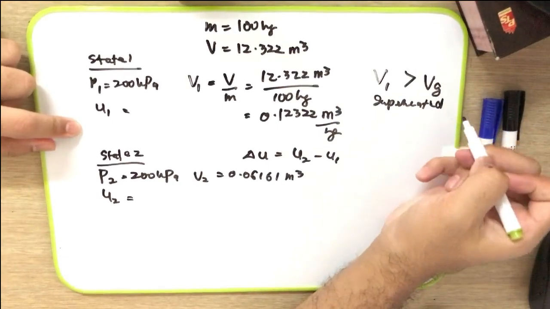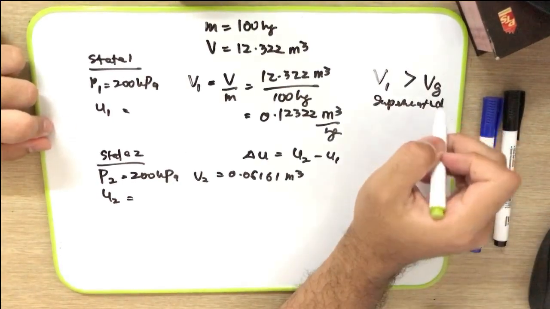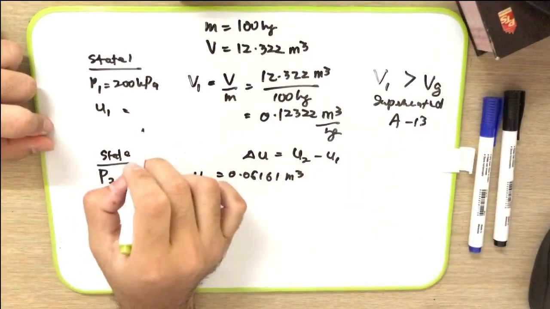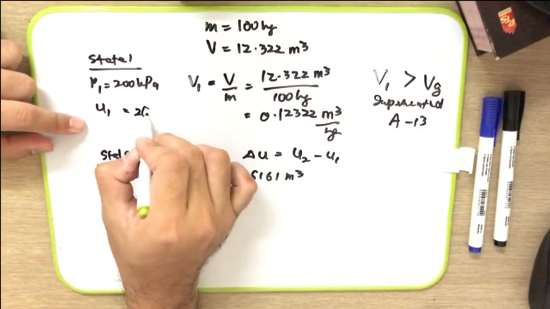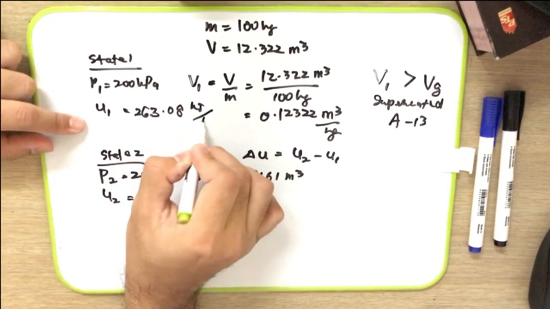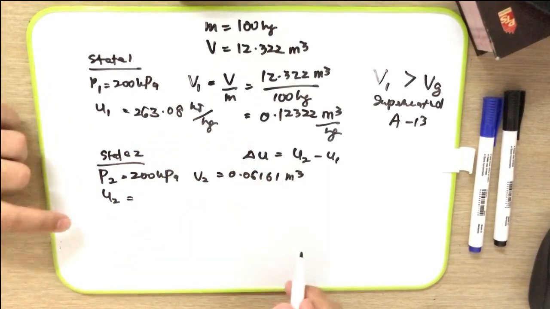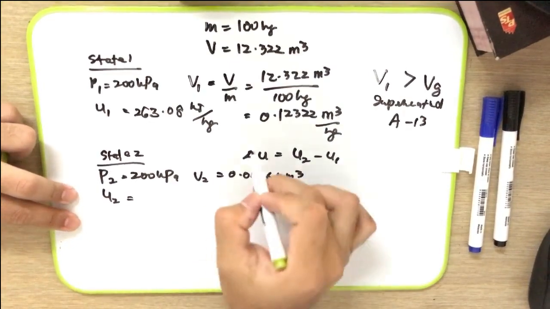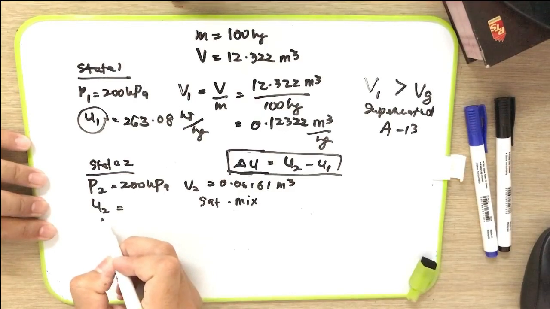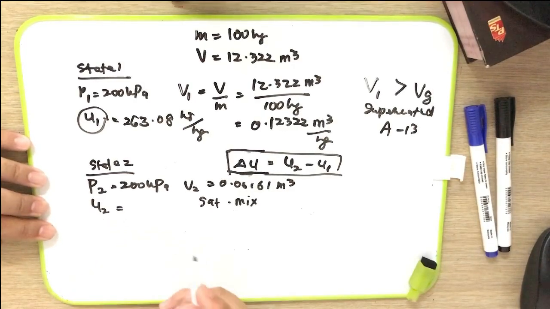Once it is superheated, we go to table A13, and we can directly get U1, which is 263.08 joule per kg. Okay, now in order to solve this, we need to find U2. So how to find U2?